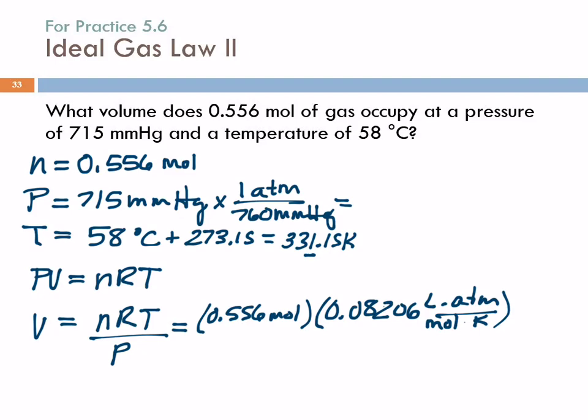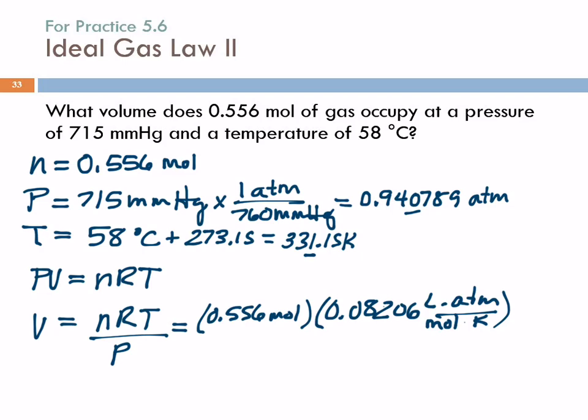So 715 divided by 760, 0.940789. That actually has 3 sig figs. I want to carry 2 or 3 extras, though, to avoid rounding errors. And again, I've written too large.